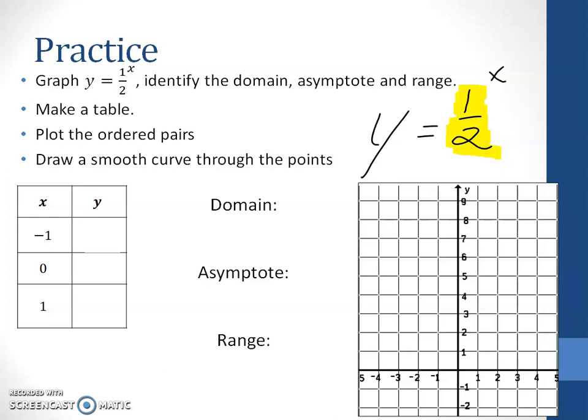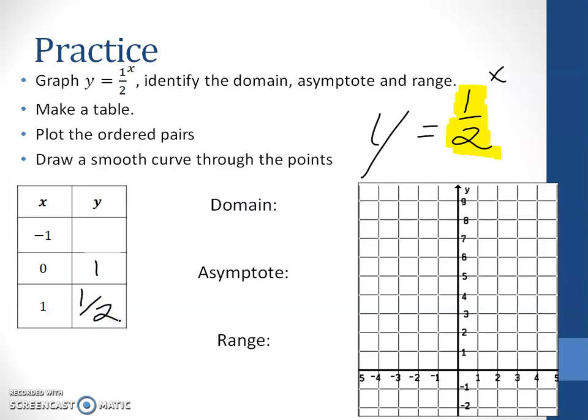Okay, so I'm going to start with my chart. I've already got it made out. X's are -1, 0, and 1. Start with 0 because 0 always goes with 1, no matter what. 1 always goes with the base. So 1 is going to go with that 1/2 up there. So 1 and 1/2 go together.